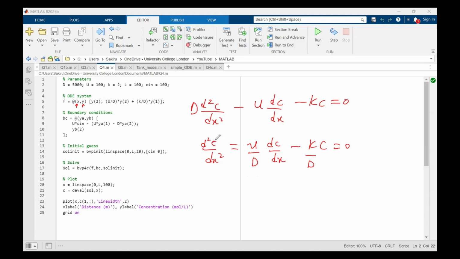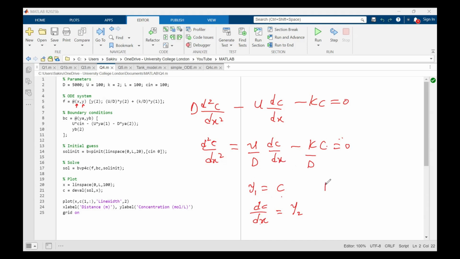Now, you have to set y1 to be c. So if c is y1, it means that the first derivative, dc dx, can be y2. So dc dx is y2, and c is y1. Then I can rewrite this equation by substituting c here and dc dx there.